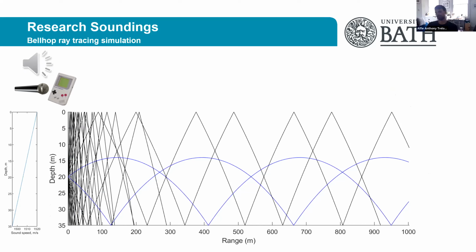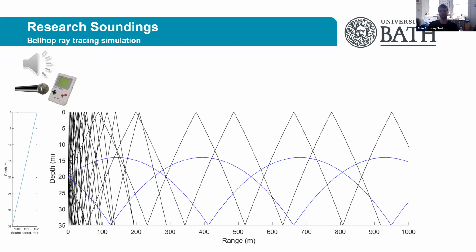And the blue line is showing the curved propagation due to the sound speed profile changing from the surface to the seabed. This is a relatively dramatic change in sound speed, but it's not out of the ordinary to have such a vast change in summer months, when typically the sea surface is quite a lot warmer, and so the speed is a lot faster at the surface, and then it drops off with depth for a bit until the pressure takes over.